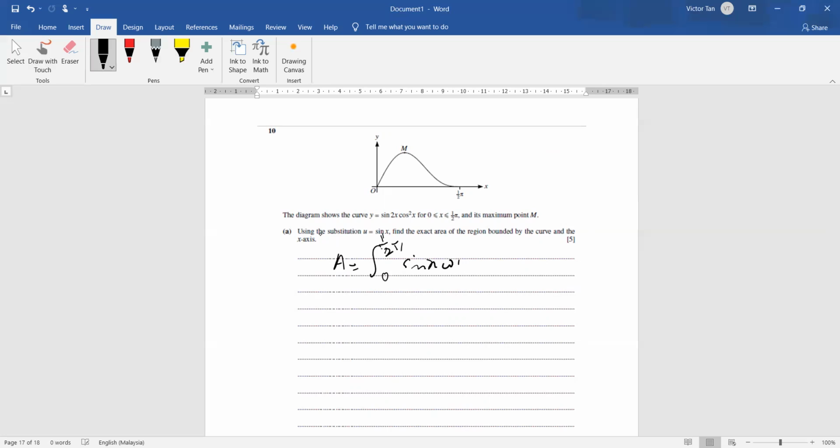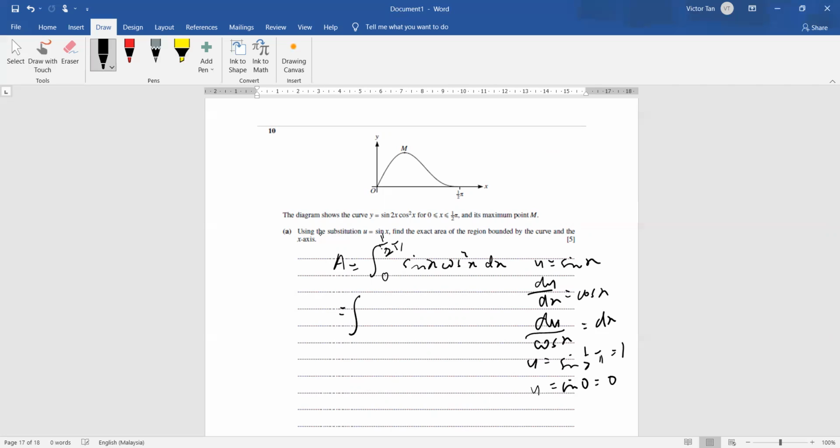So you're asked to use the substitution u equals to sine x, du over dx equals to cos x, so du over cos x equals to dx. So when x is half pi, u is sine half pi, which is 1. When x is 0, u is sine 0 equals to 0.